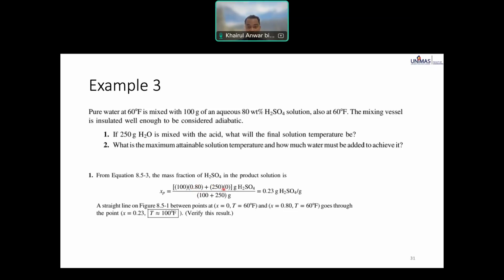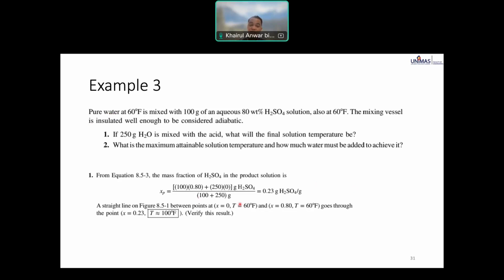Then 250 is the water, divided by the total. The solution added is pure water, so in terms of mass fraction of H2SO4 it's 0.